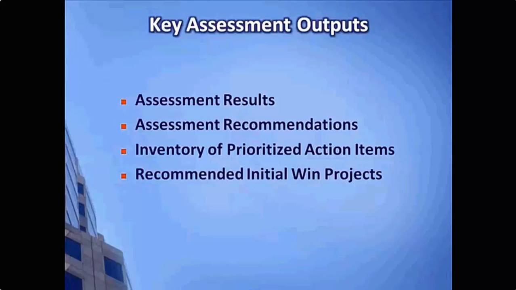Now we're going to turn to creating those assessment recommendation actions, creating that inventory of those actions to be taken to overcome the gaps that we identified during the assessment. We'll then inventory those prioritized action items, and then we'll create and group those into those initial win projects. And again, that is the general approach for how we will do this translation from assessment findings eventually into our initial win projects.